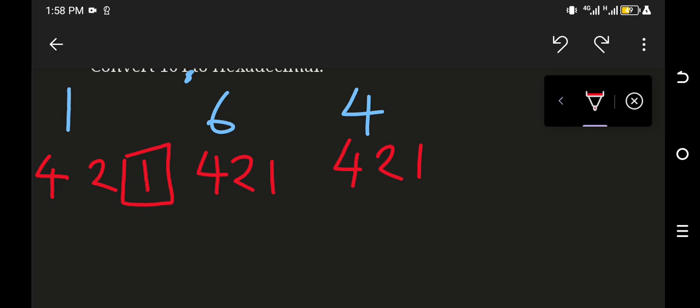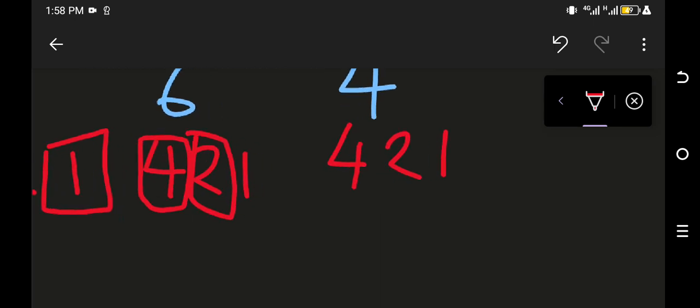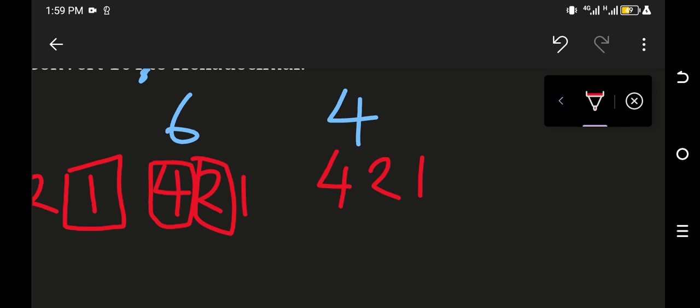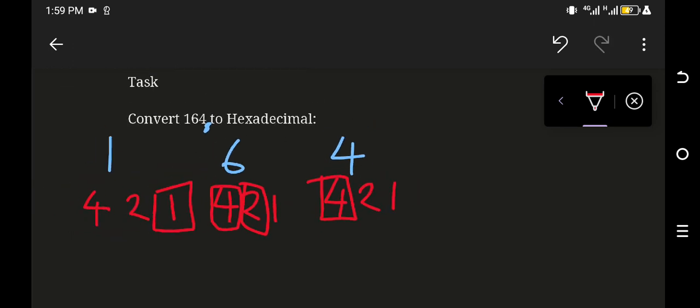Which numbers will I pick from the bottom to give me 6? The numbers I'm going to pick are 4 and 2. The 1 remains. Which number will I pick to give me 4? It's only 4. So that's it.